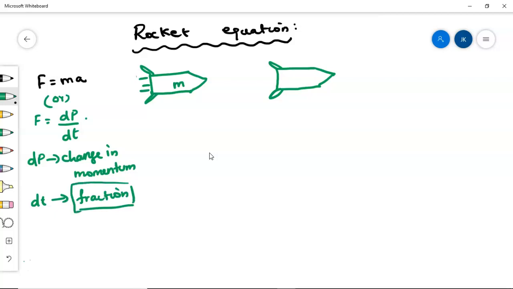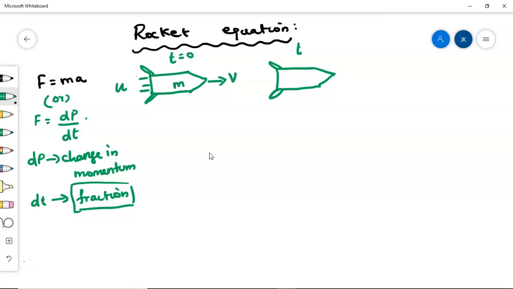Okay, so initially let's take t equal to 0. The velocity here is v, and the velocity of the escaping gas is u, and the mass of the rocket is m.